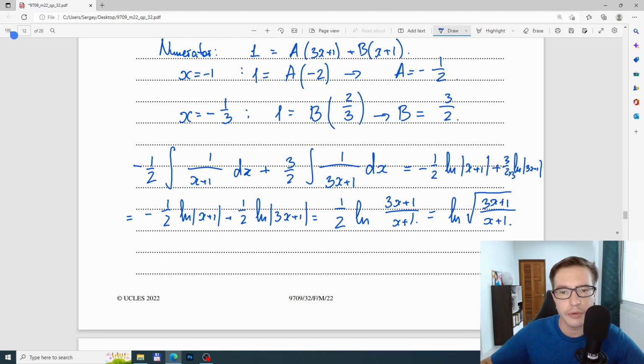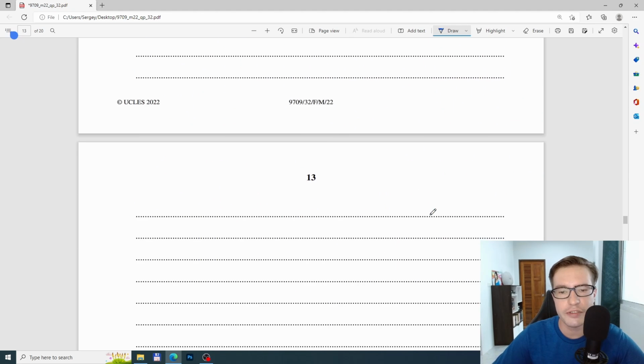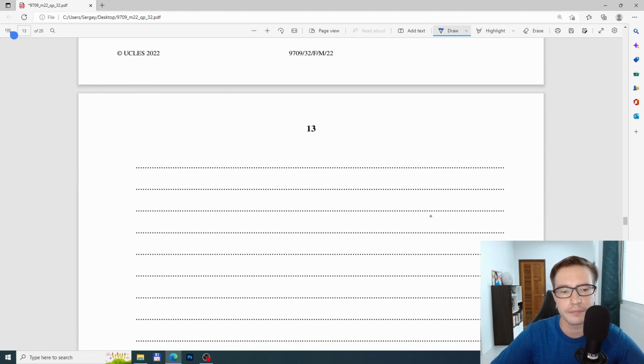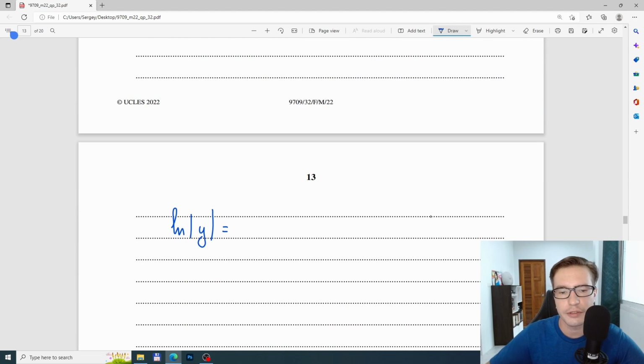Now, back to our equation. When we integrated the left side of the equation, we got natural log y. When we integrated the right side, we've got something a bit more complicated.